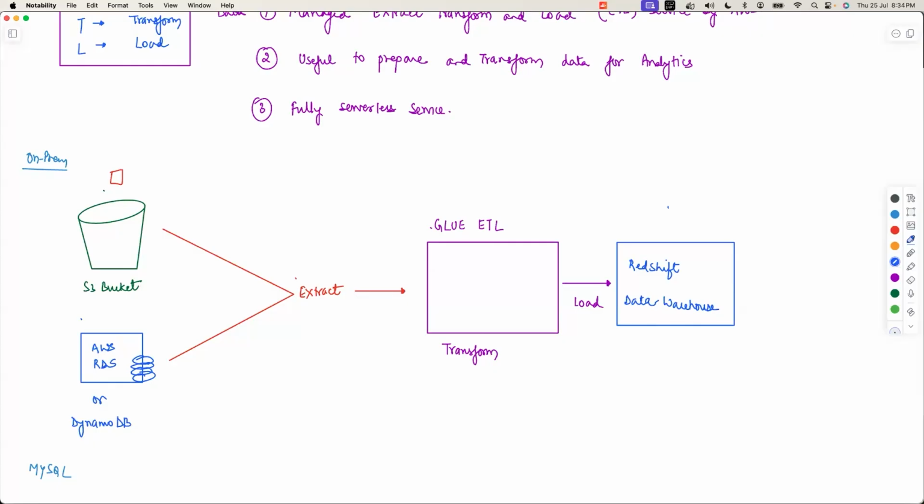Now, when you're working with these Glue storages, obviously there can be a lot of discrete datasets. But what do you think, how is it working?